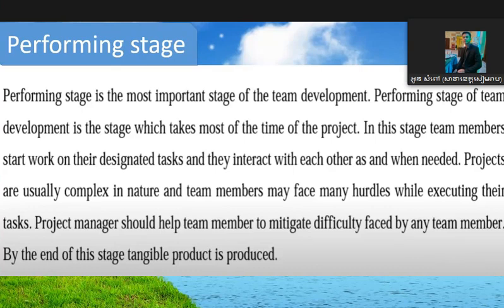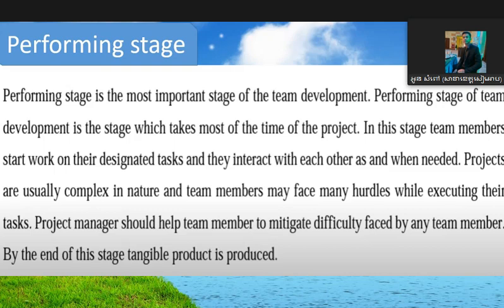Projects are usually complex in nature and team members may face many difficulties while executing their tasks. The project manager should help team members to mitigate difficulties faced by any team member.